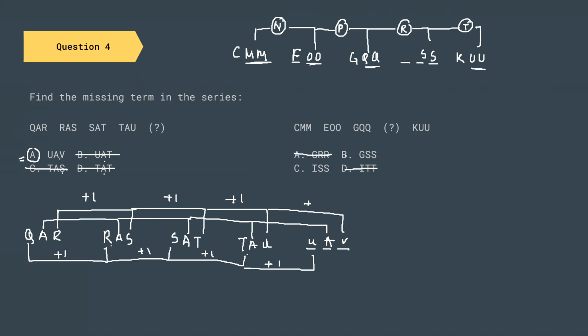So we are left with option B and option C. So we have C, D, E, F, G, then H, I, then J, then K. So the final word in this series is ISS. So option B is eliminated and the correct option is option C, that is ISS.